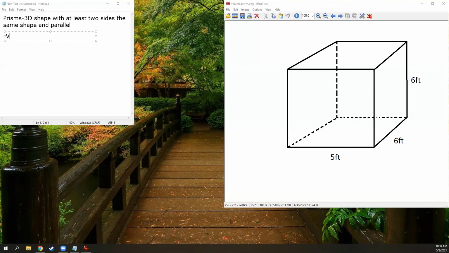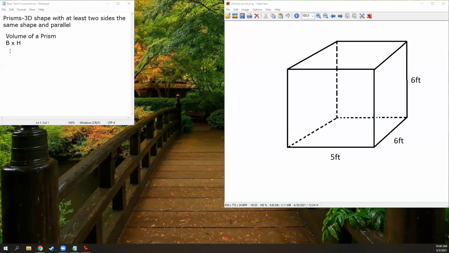And the volume of a prism is a simple formula. It is big B times big H. That's it. Now, the problem is that a lot of people think, sorry, my phone went off. B means base, H means height.